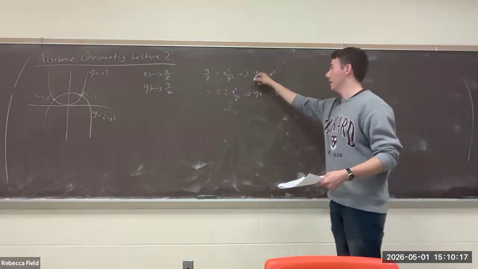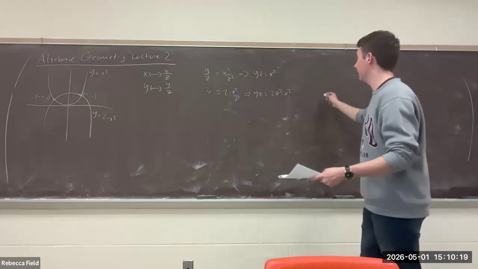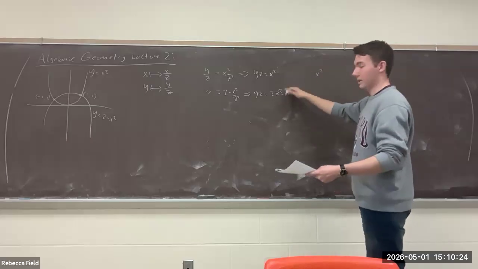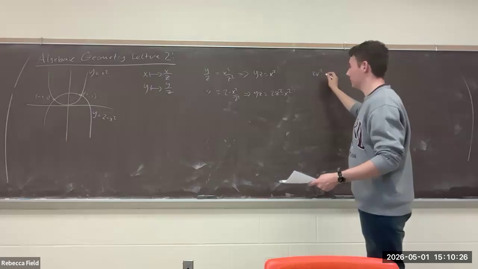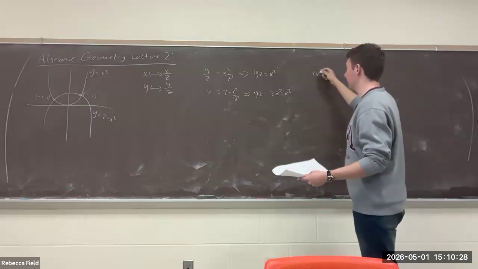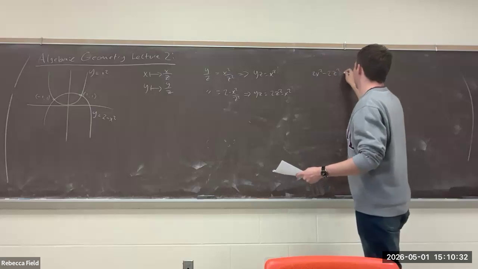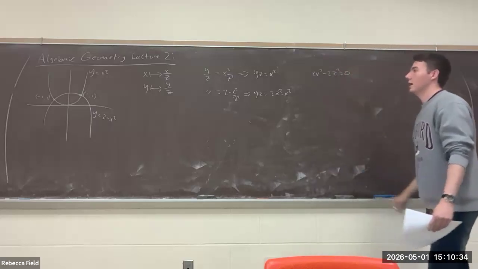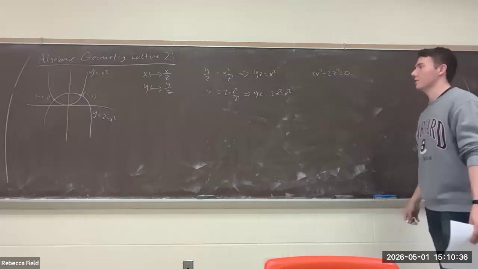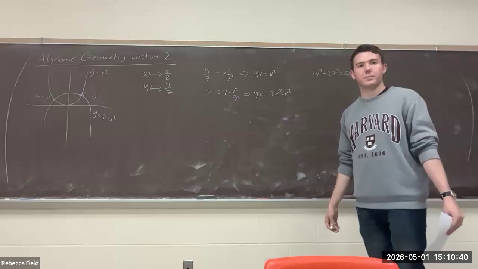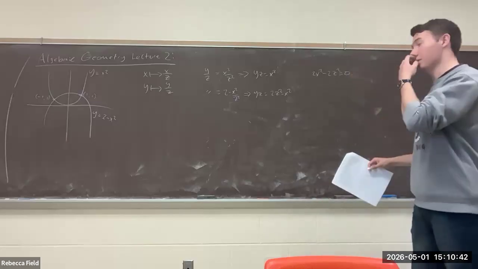Matching these up, we can eliminate the yz term and get that x squared is equal to 2z squared minus x squared. Taking some liberties, moving this over, we get 2x squared minus 2z squared equals 0. This is the equation defining our projective intersections. Yeah, it's one equation.